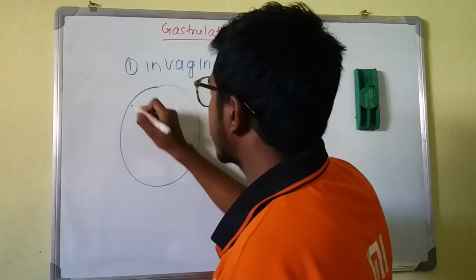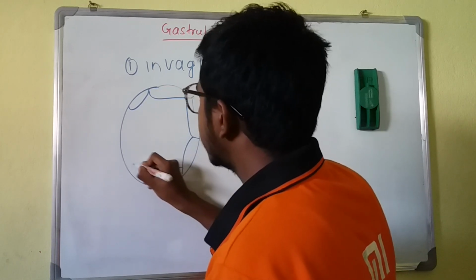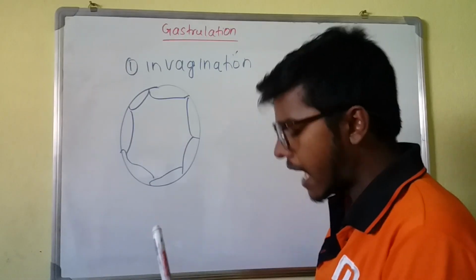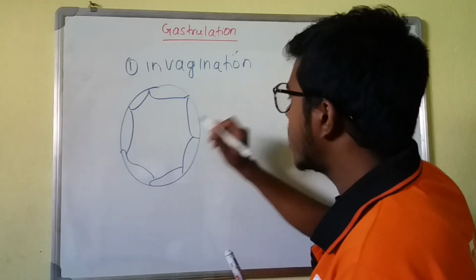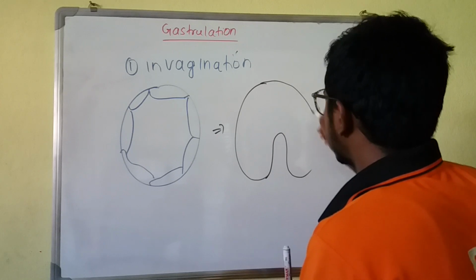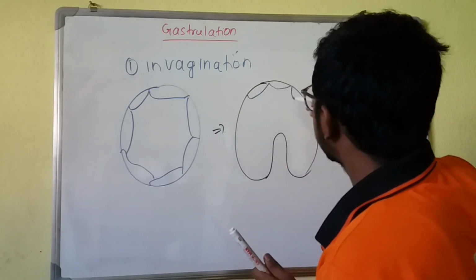Let me draw the figure. There are various cells overlying. Let's say this is the blastula, these are the blastocells. What actually happens in the invagination process? This part will bend inward to form like this.